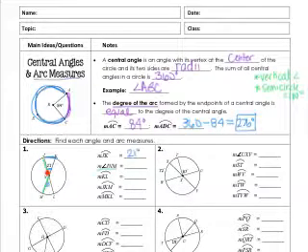Well, the angle JNM is a little bit less than that 180 degrees. So if I took 180 and I subtracted off this 21, it's going to tell me JNM. So to find that, I'm going to take 180 minus that 21, and I get 159 degrees.